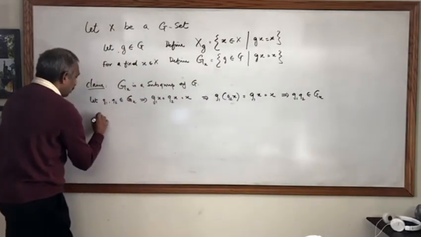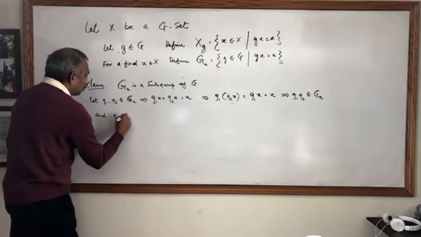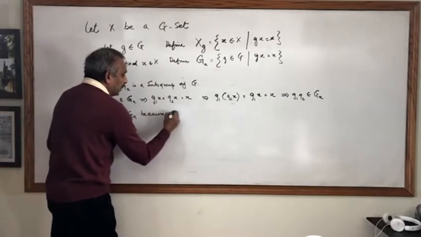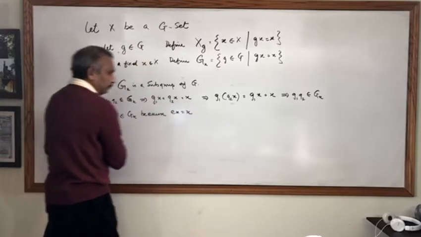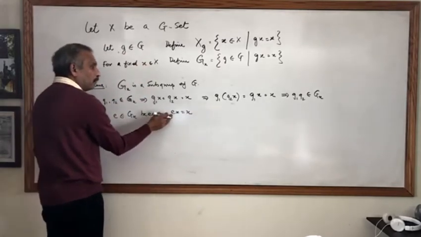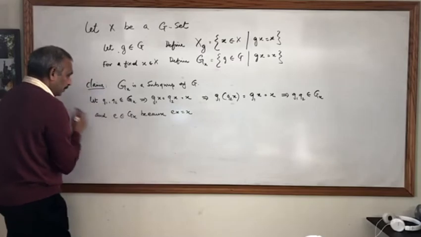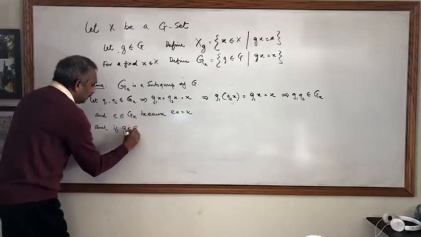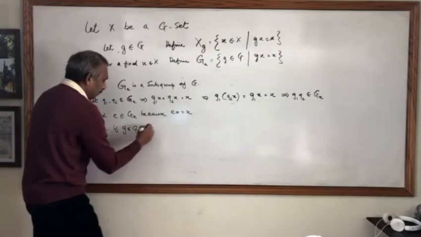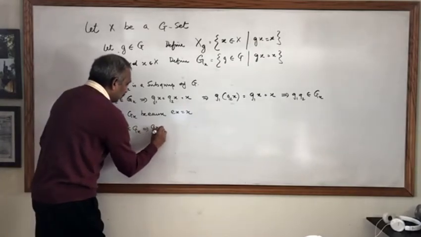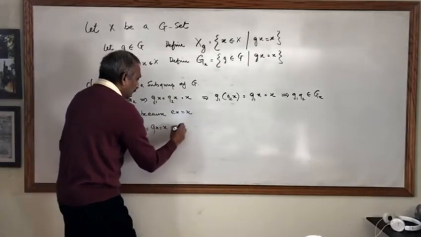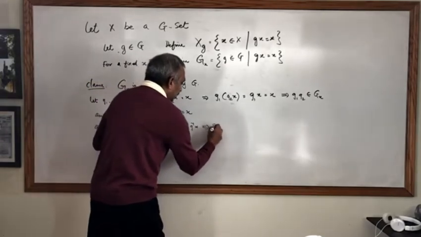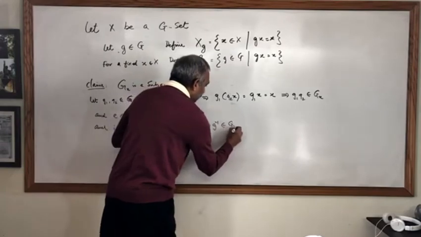And e belongs to G_x because ex equals x. That is the definition of group action. And if g belongs to G_x, that implies gx equals x, and that implies x equals g inverse of x, and that implies g inverse belongs to G_x.